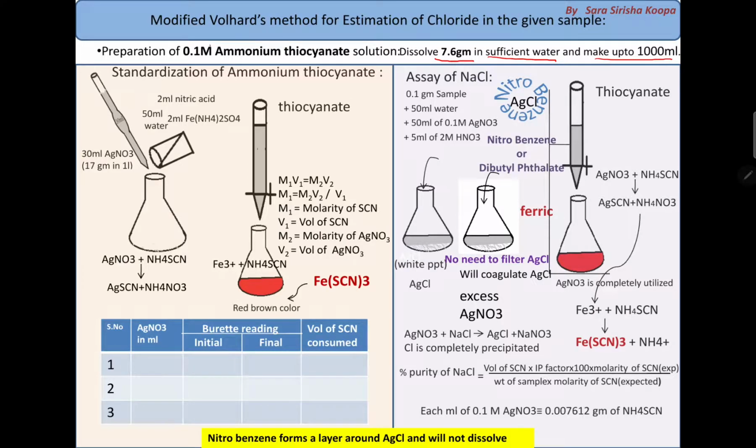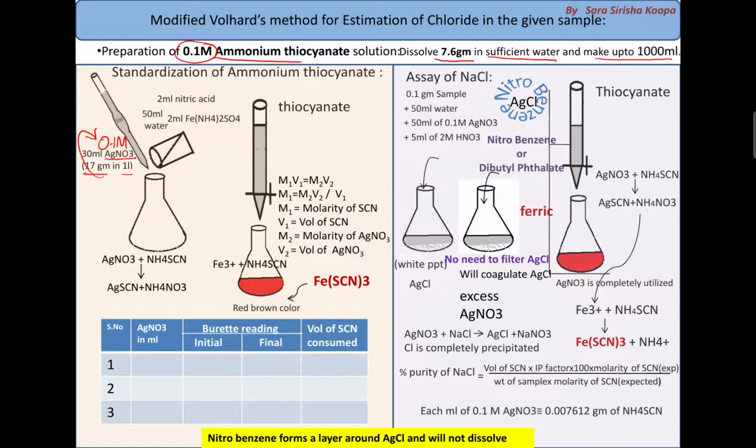This will result in 0.1 molar ammonium thiocyanate. After that, you have to prepare 0.1 molar silver nitrate. For this, you have to take 17 grams and dissolve in sufficient water and make up to 1 liter, which results in 0.1 molar silver nitrate.